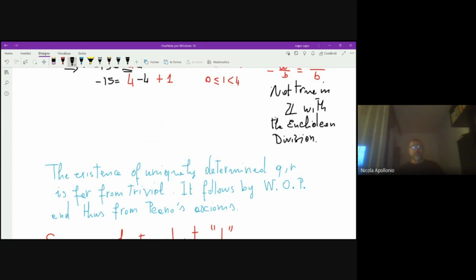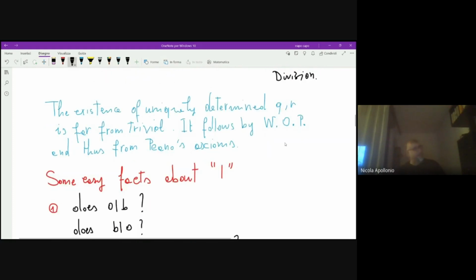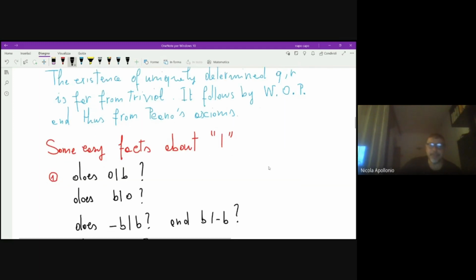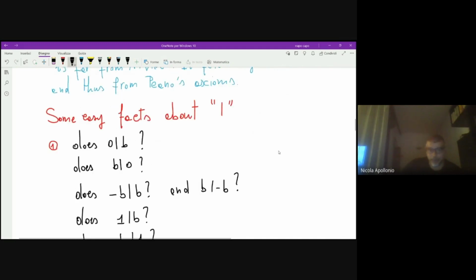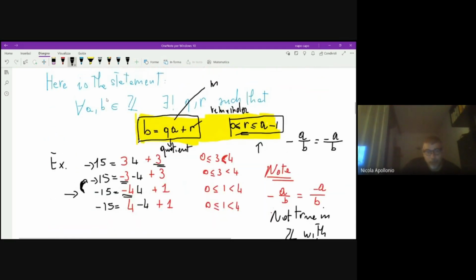So this is Euclidean division, and as I said, this is far from trivial, and it requires the well-ordering principle to work. And we are grateful to Peano, who put the axioms and solved this problem. And now we are free to go without asking anything more than what we defined.